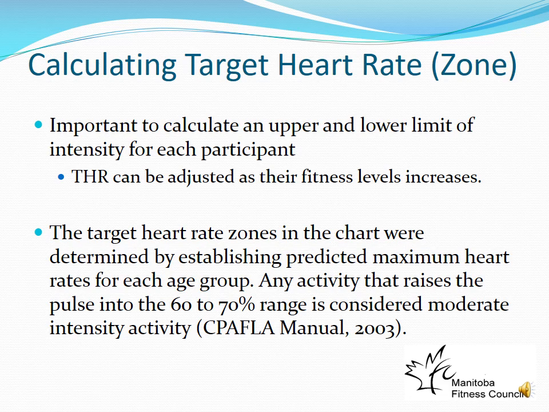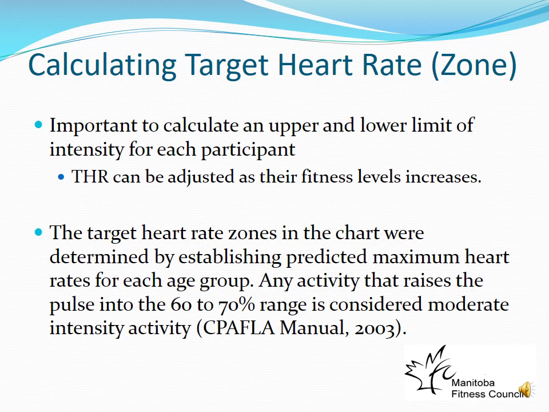If I want that individual exercising at 60% of their maximal heart rate, because I will follow guidelines and recommendations, which you'll see shortly, I would multiply 200 by 60%, which gives me 120 beats per minute. That would be their exercise heart rate. That is where I want them to exercise. If I wanted them to exercise at 70%, I would multiply their age predicted maximal heart rate of 200 by 70% to get 140 beats per minute.